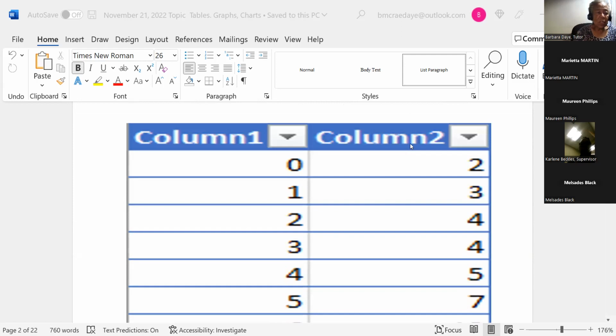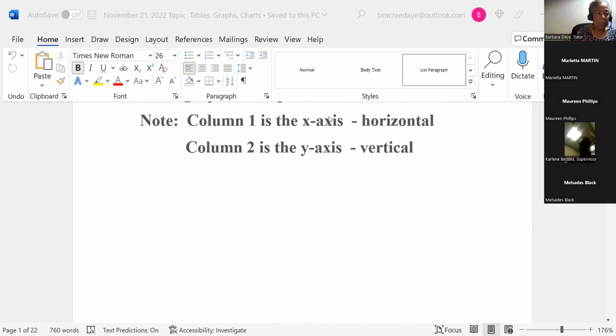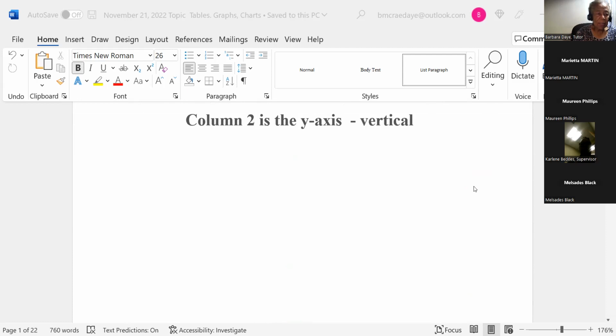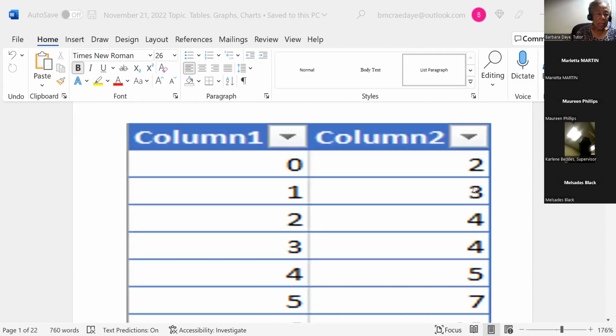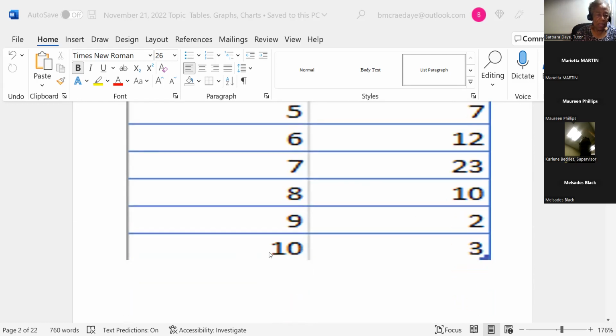Column 1 is the horizontal X, column 2 is the Y. So that means X is 0, Y is 2. X is 1, Y is 3. X is 2, Y is 4, etc. All the way down to X is 10 and Y is 3.